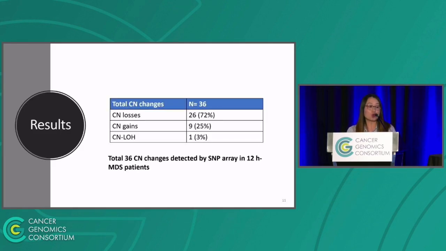After running the 12 cases with the GDA CytoSNP, we identified a total of 36 copy number changes in 12 patients. The most prevalent abnormality was copy number loss, 26 events, followed by copy number gain, 9 events, and 1 CNLOH.